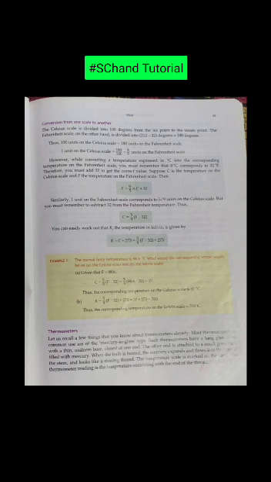Then we have the thermometer. We are also learning about thermometers. You might have seen the clinical thermometers that the doctors use to check the body temperature. It has a uniform transparent tube, with a very fine bore, and inside this there is one shiny black thread, that is actually the mercury, right?